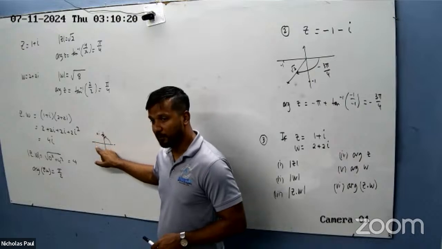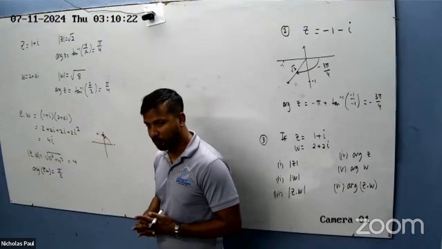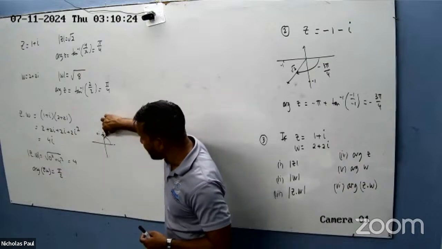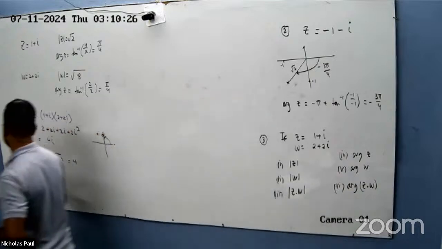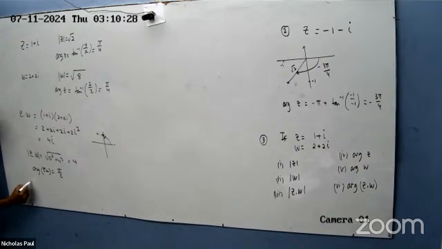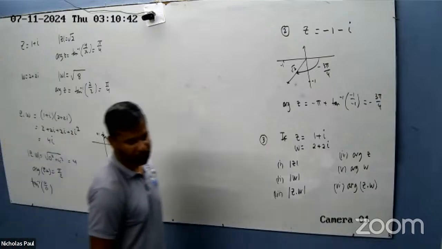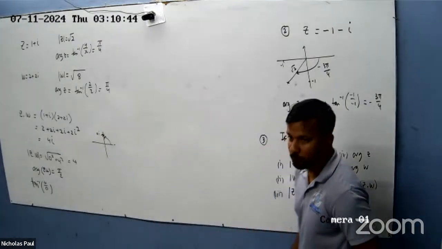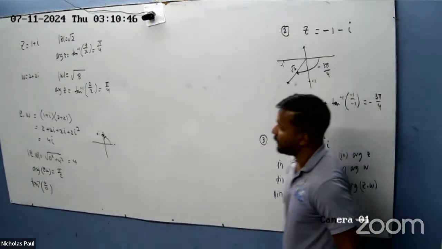Pi, so halfway is pi on 2. So the argument here is pi on 2. Don't go to the calculator and panic. If you go to a calculator, you'll write tan inverse of 4 over 0, which is undefined. Well, we know where tan is undefined: pi on 2.